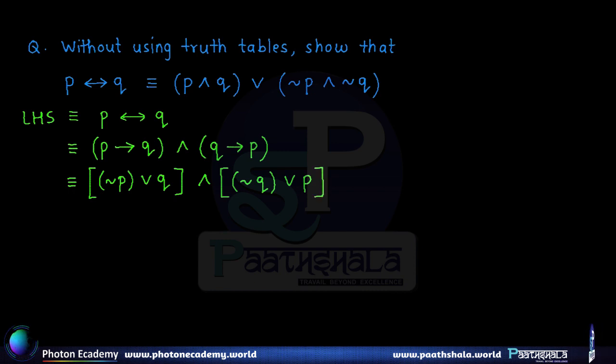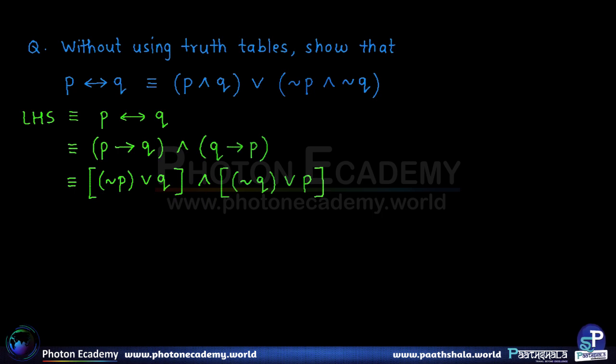Now you see there is OR inside the individual two square brackets and the two brackets are connected with the AND. So this is where we open the brackets using distributive law.